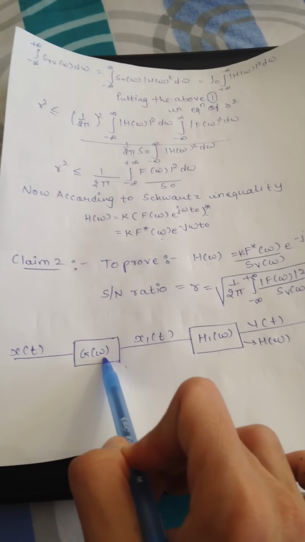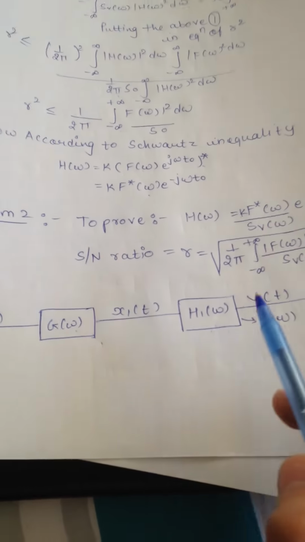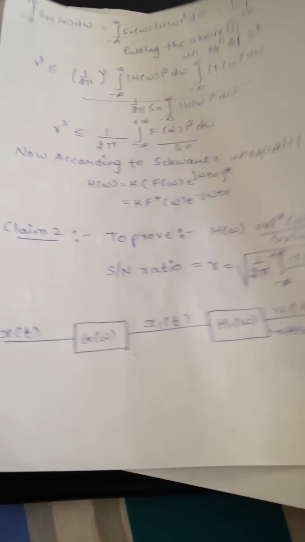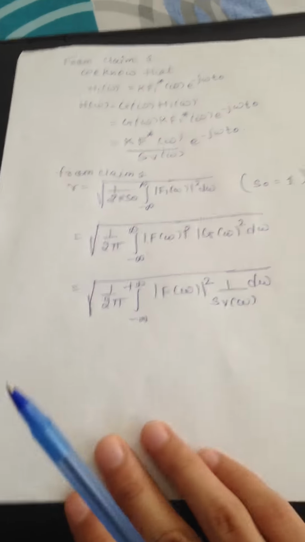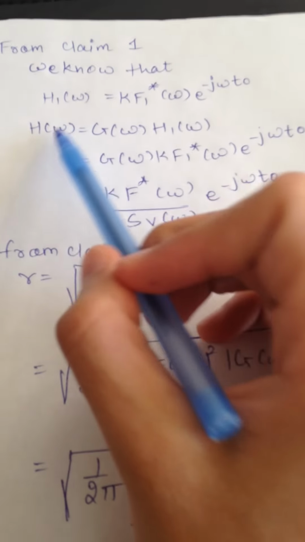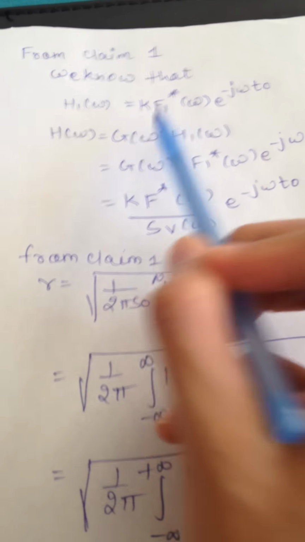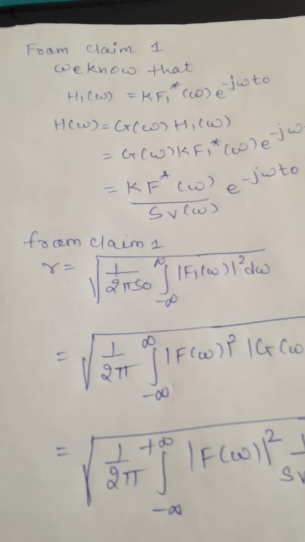Here the convolution takes place, and here it's an intermediate transfer function, and this is our final output signal. We know from claim 1 that H1(w) is nothing but K F1 inverse of w into e raised to minus jw t0.